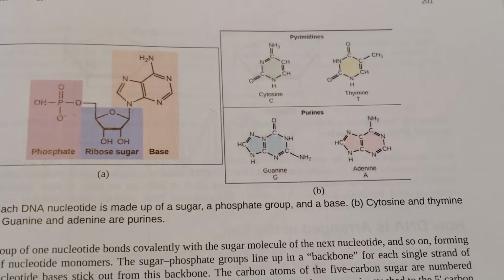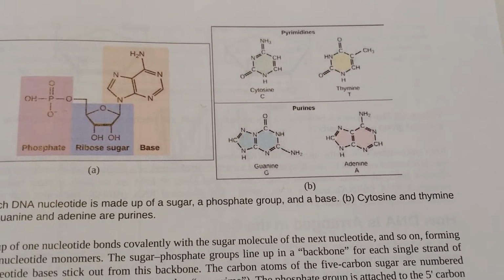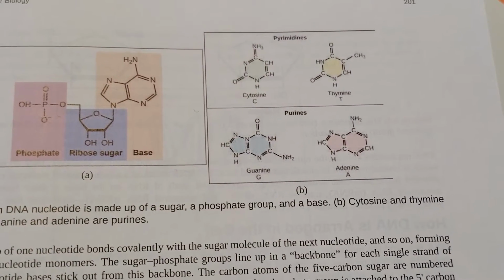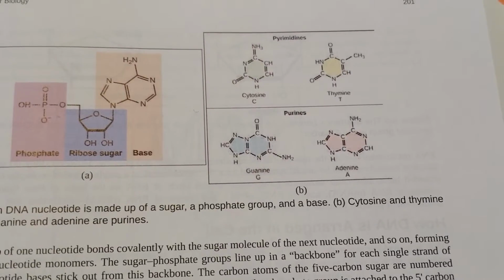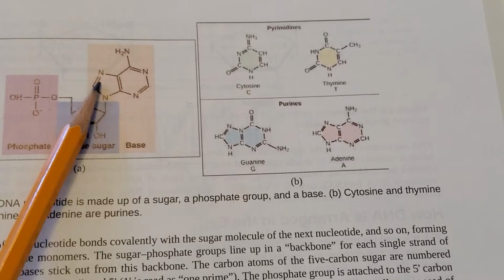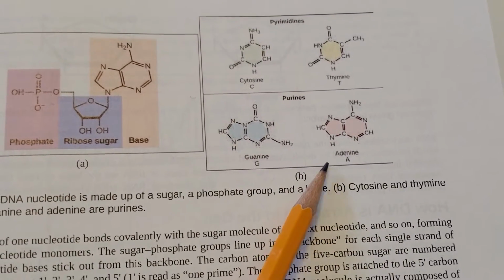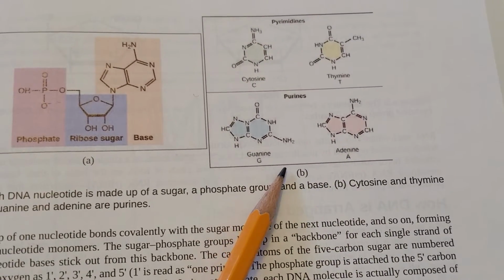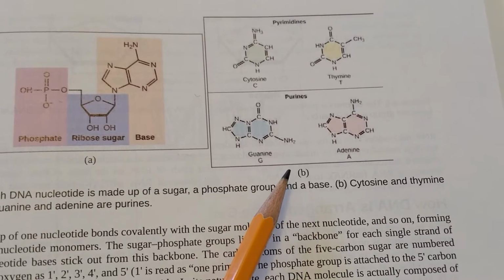And so we can take it even further and ask ourselves, which one is it? Based on the drawing, the way they've drawn this here, and the bonding arrangements, okay?